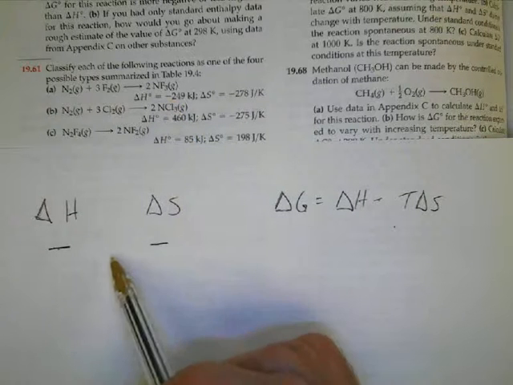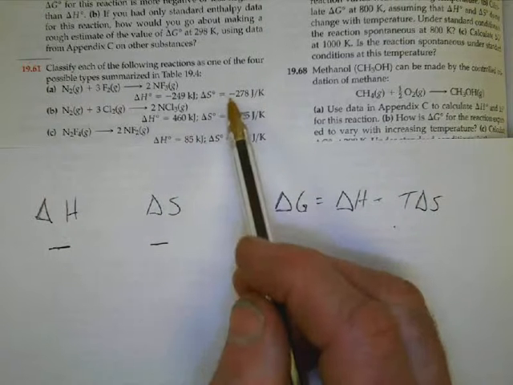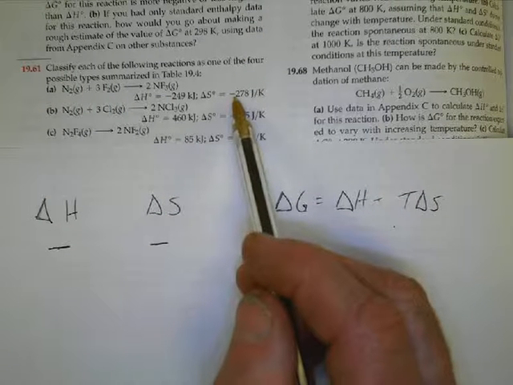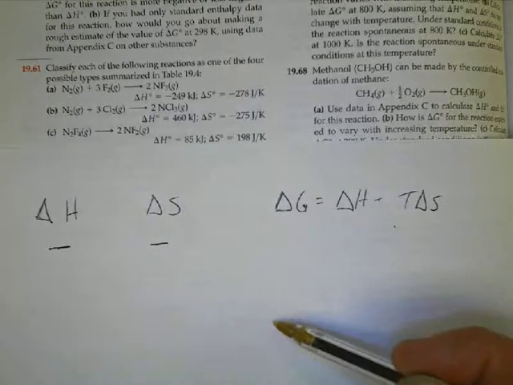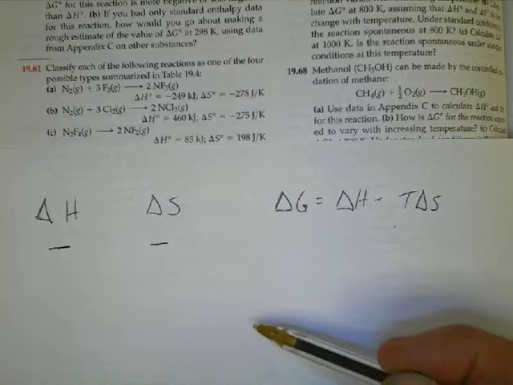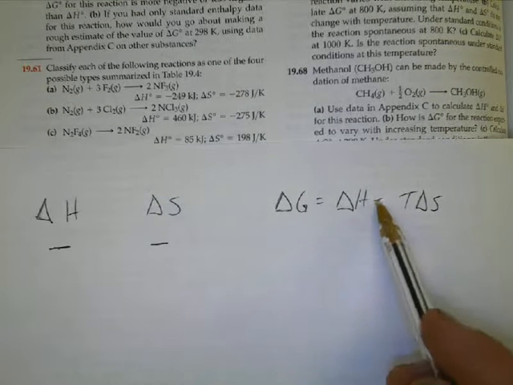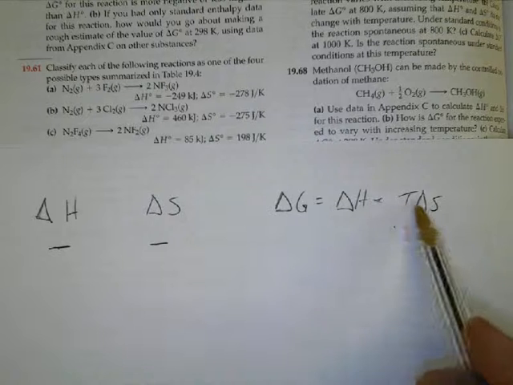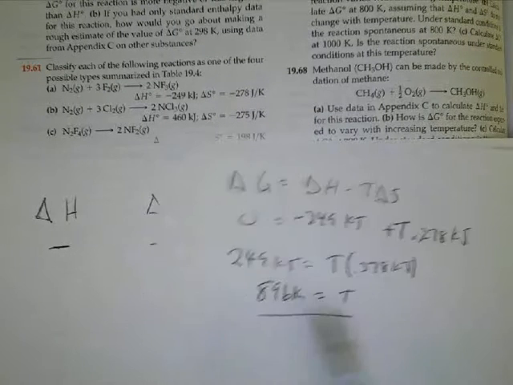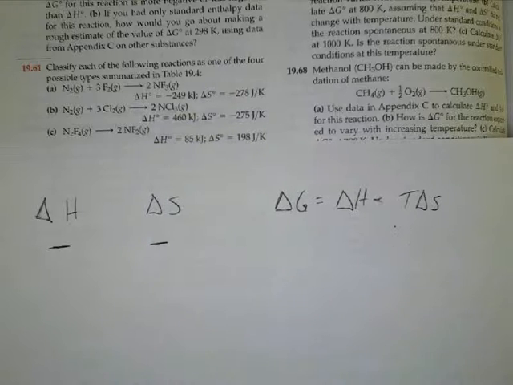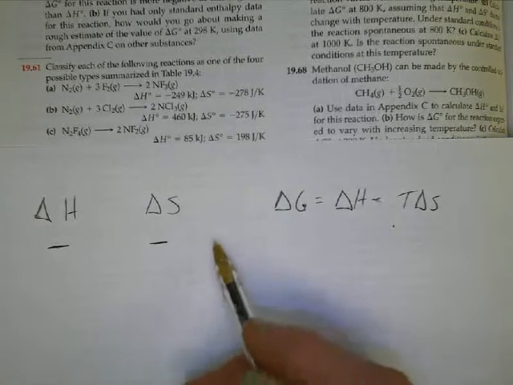And so, even though entropy is negative, as long as the temperature stays below 896, this term will be smaller than the delta H term. So 896 is the threshold. As long as it's lower than 896, it's going to be spontaneous. So I would argue that this one is spontaneous under low temperatures.